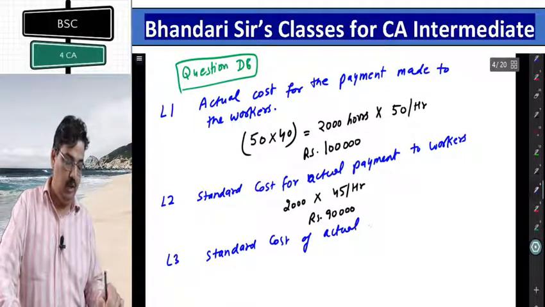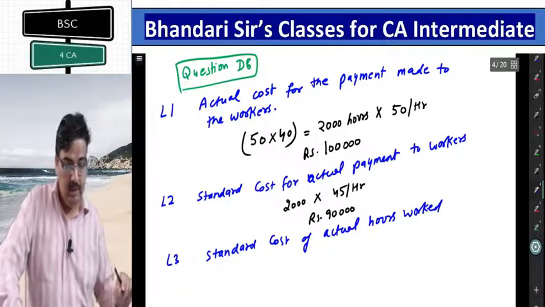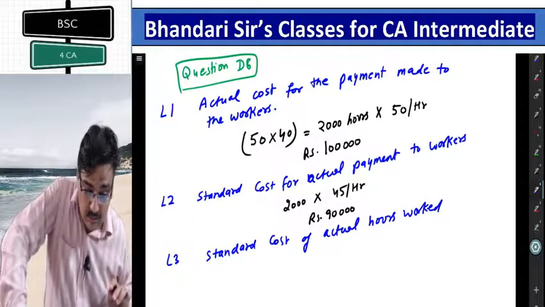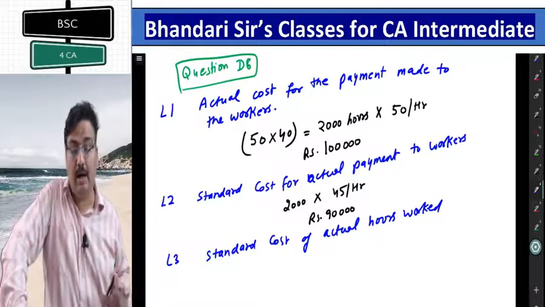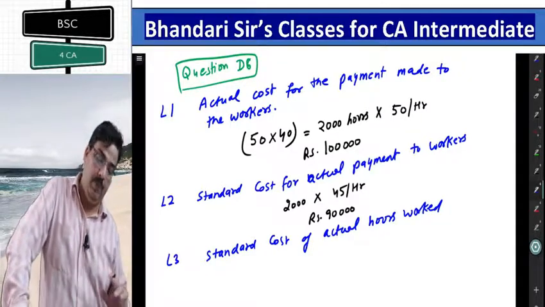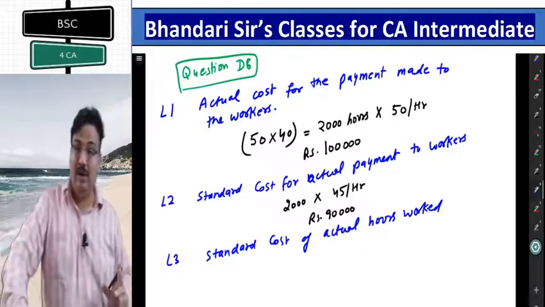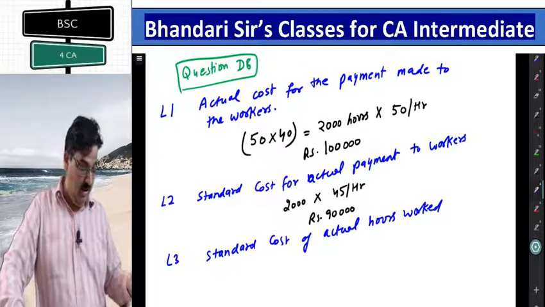He says abnormal loss due to machinery breakdown was 100 hours. Certainly it is total 100 hours, it cannot be 100 hours per worker when there are 40 hours per worker expected. So 100 hours are not worked.